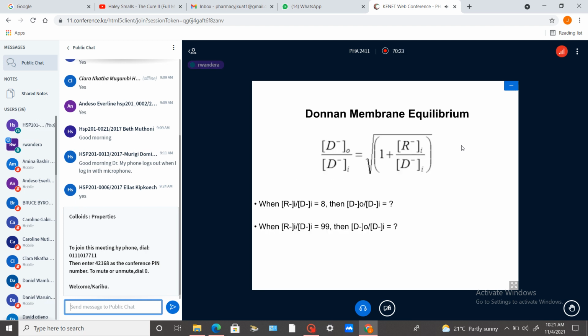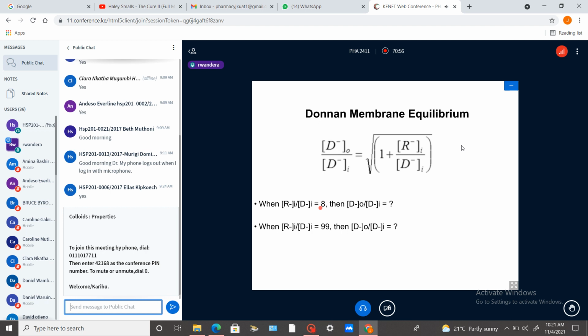So for us to see the effect, we can simply replace this ratio with the concentration of your negatively charged colloid ions to the concentration of your negatively charged diffusible drug on the inside of the membrane.